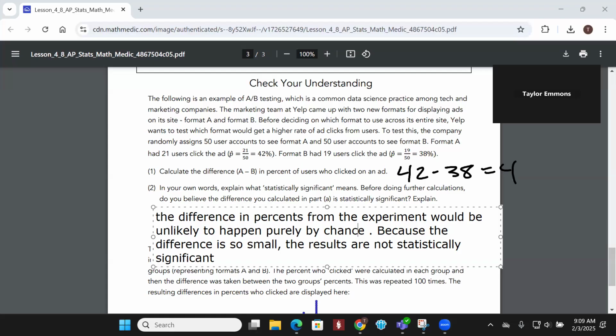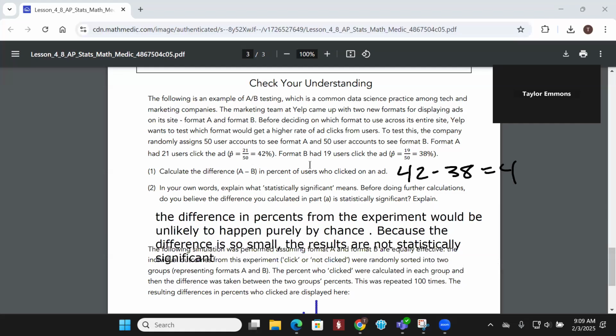So if it's less than 5%, is it statistically significant? Is this necessarily going to be statistically significant based off of just this result? Why did I say that it's not statistically significant then, if it's less than 5%? No. Look at your sample size.